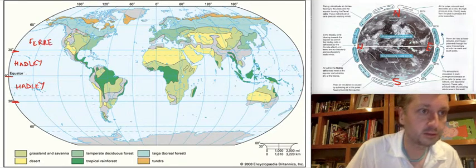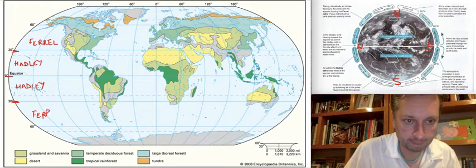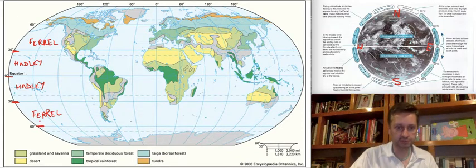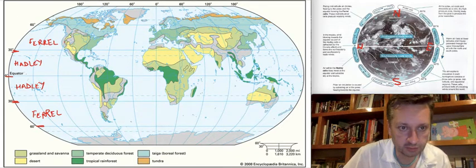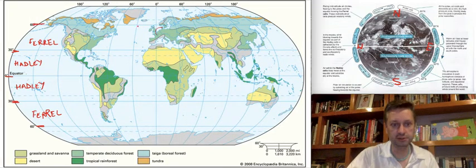Have I spelled that correctly? Ferrel cell north, hopefully, and Ferrel cell south, up to about 60 degrees. And there again you go from desert into temperate forest, up to about 60 degrees.